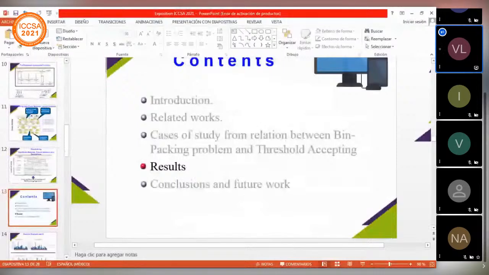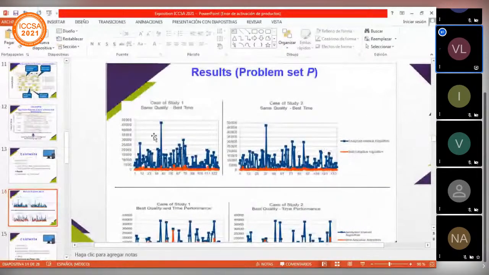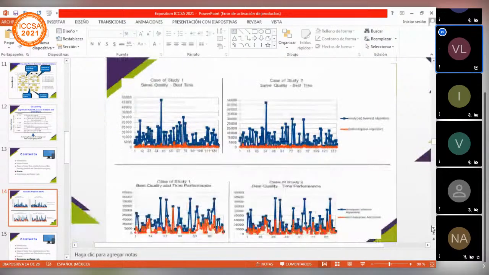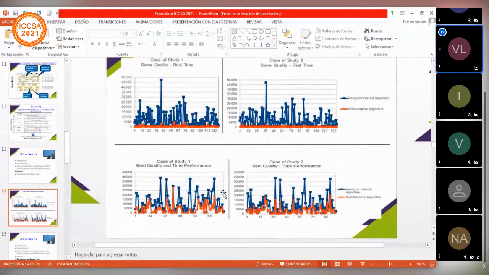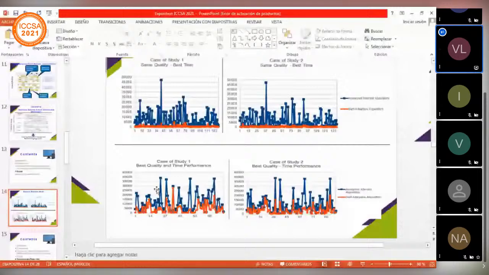Okay. And in the review of the results, we compared the original algorithm with the self-adaptive algorithms, and we obtained best results, because when these have the same quality, the self-adaptive algorithms obtain the best time, and when the self-adaptive algorithms have better performance, we apply a non-parametric statistical test of two dependent samples, Wilcoxon signed-rank, and there is a significant difference.